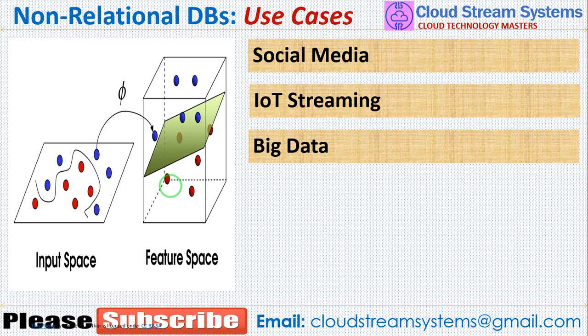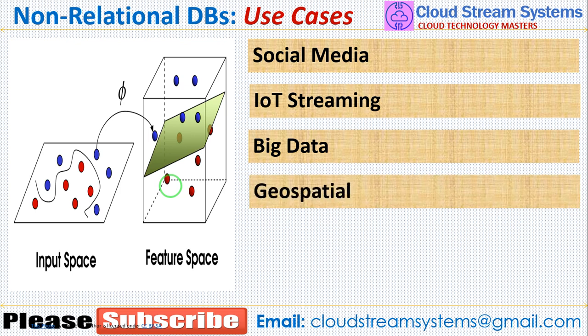Those devices keep sending data to wherever you are storing, like S3 or NoSQL databases, or you need to process them and store them in NoSQL databases. So there you extensively use NoSQL databases, even in the big data industry, along with geospatial.